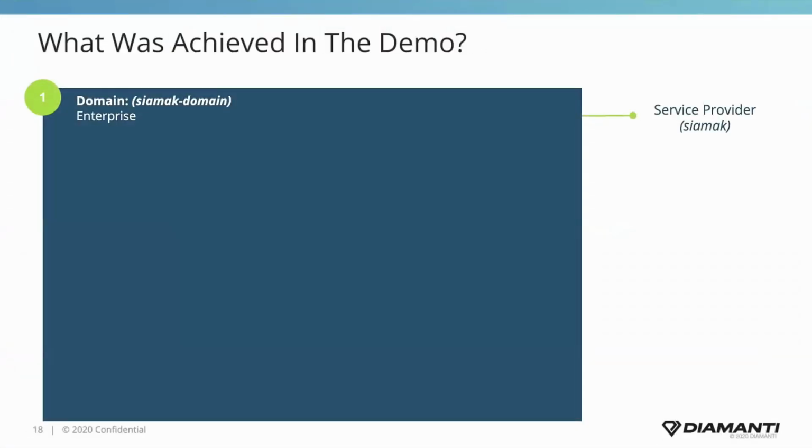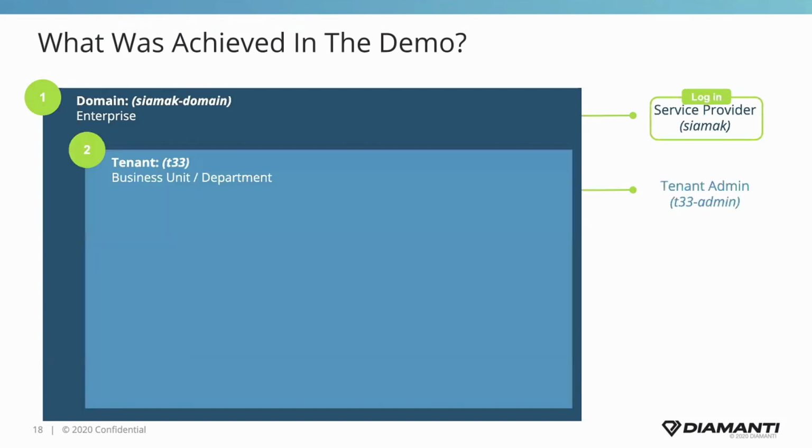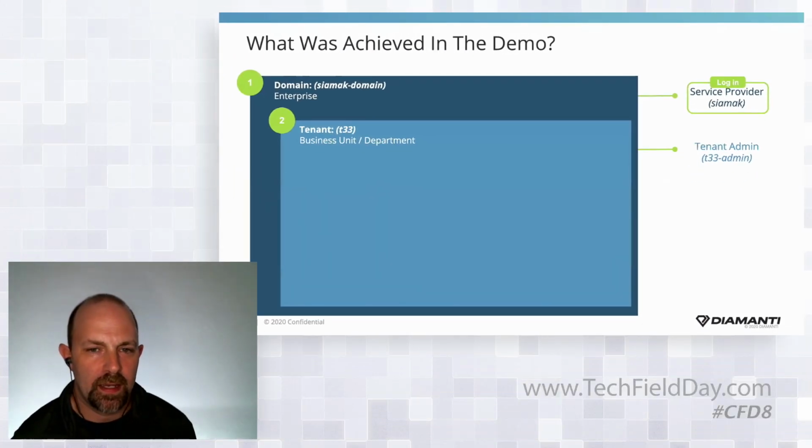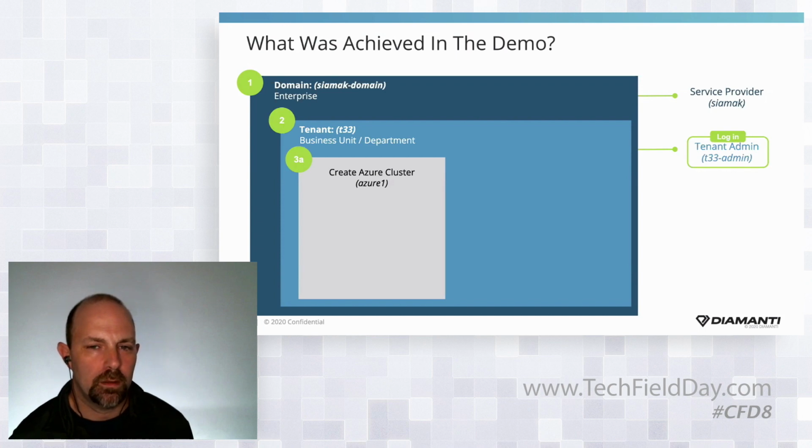All right, so first step, we logged into the service provider domain. In this case, it's an enterprise model. Next, we created tenant 33, and we created a tenant admin account for that tenant. Then we logged in as that tenant and created the Azure cluster.